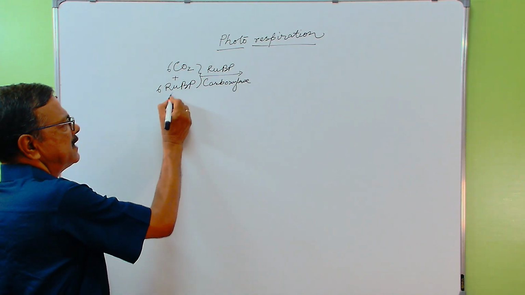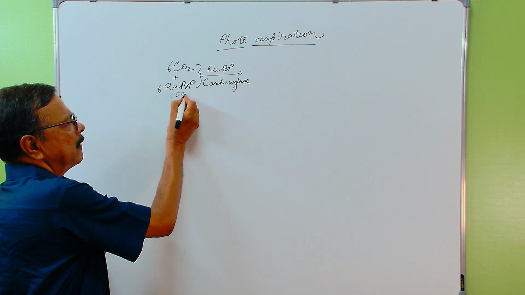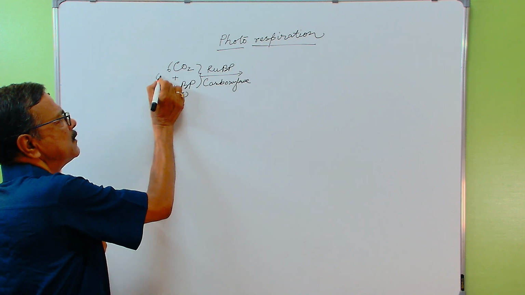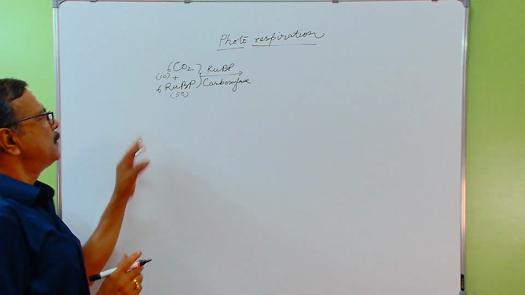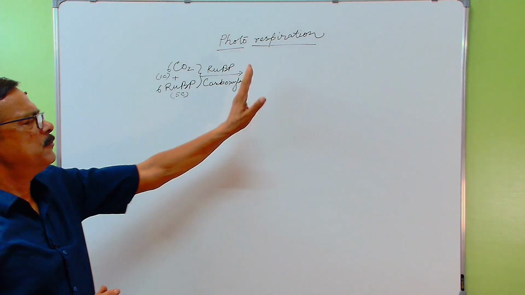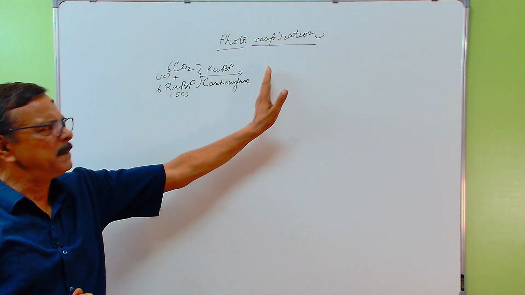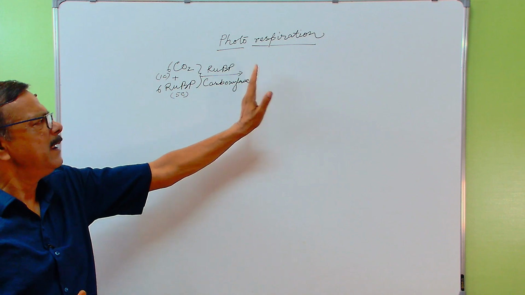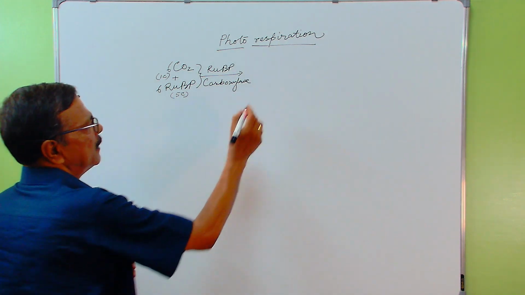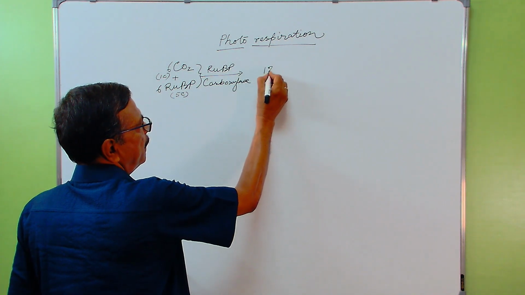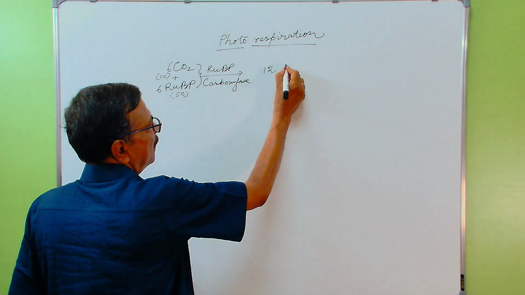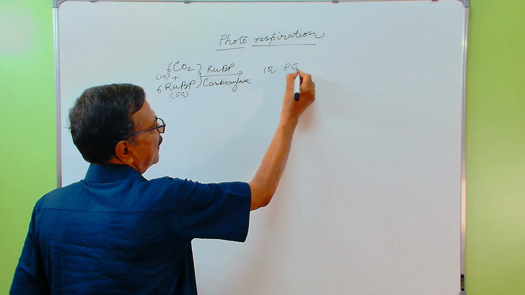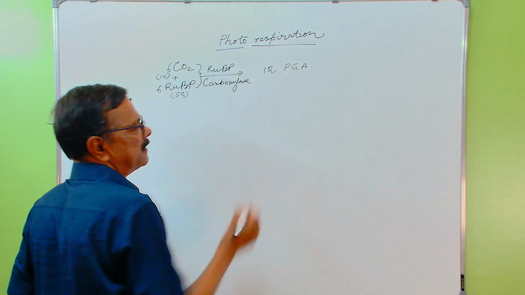Ribulose bisphosphate is a 5 carbon compound, and here it is 1 carbon. So these join to form a 6 carbon compound intermediate, which is unstable, and thereafter it produces 12 molecules of phosphoglyceric acid.